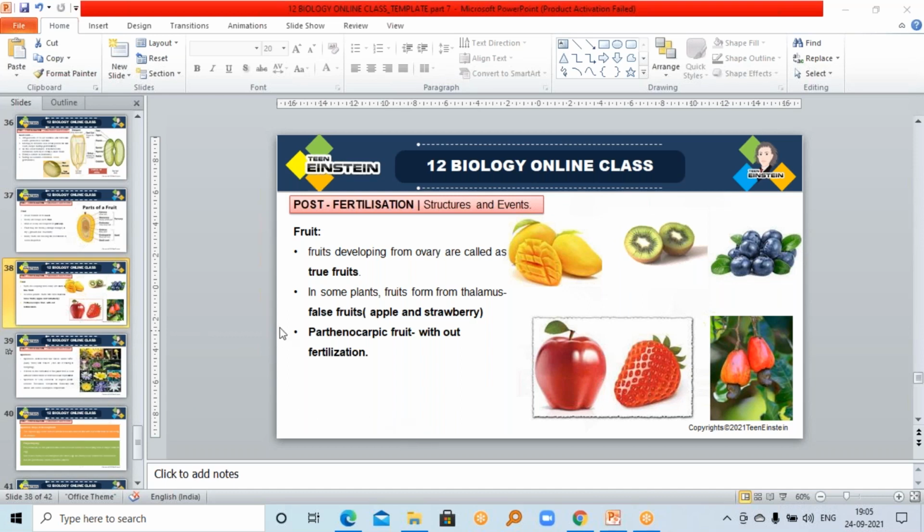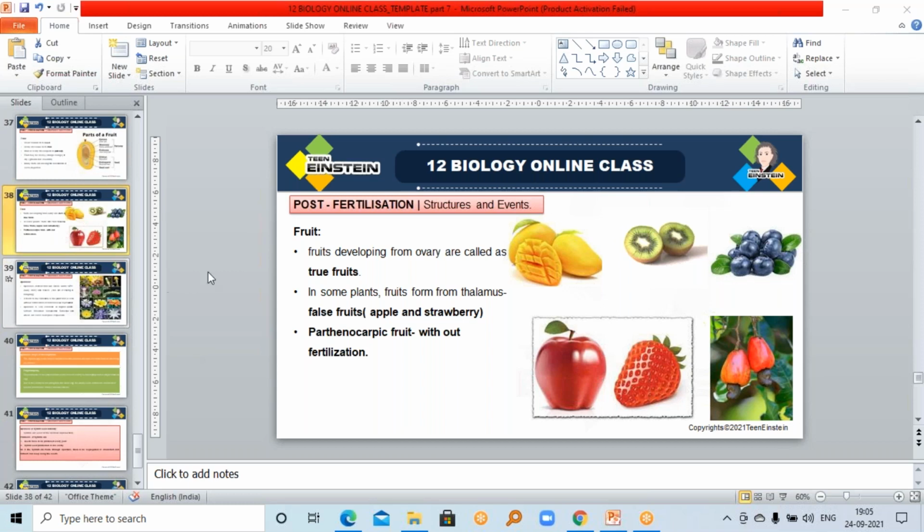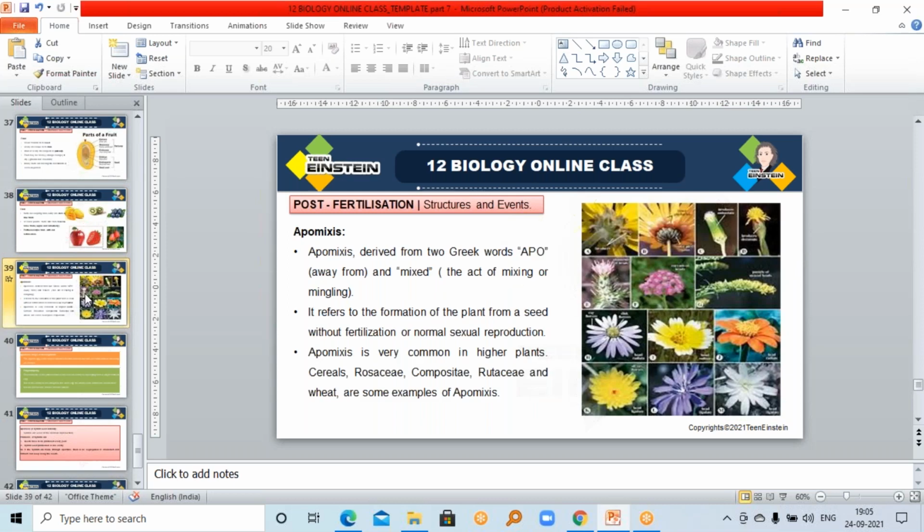That is called parthenocarpic fruits. Okay. So true fruits come directly from the ovary, false fruits from other than the ovary. Some other part will develop into fruit. That is called false fruit. And parthenocarpic fruits means formation of fruits without fertilization. That is called parthenocarpy.